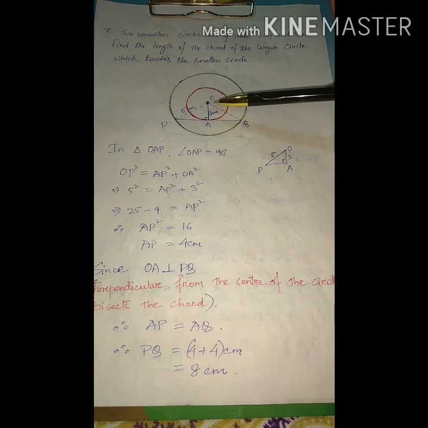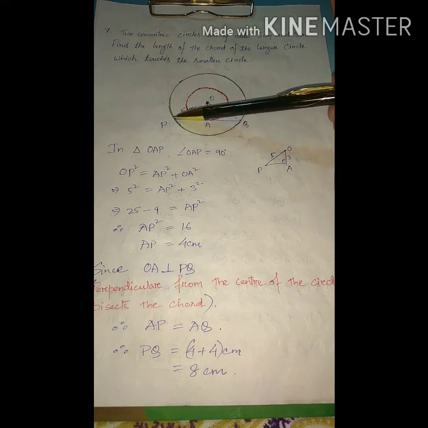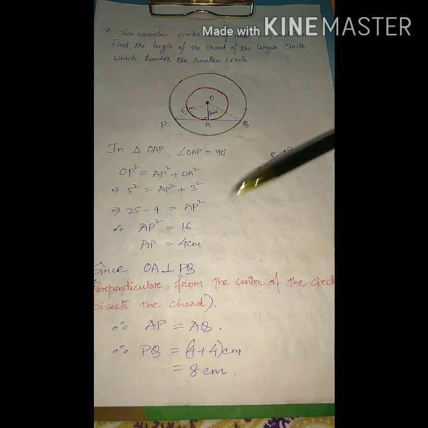Bisect means what? Totally separates into two equal parts. That means in this chord PQ, if you draw a line OA which is perpendicular, it bisects into two parts. That means AP length and AQ length are equal. So we write AP equal to AQ.